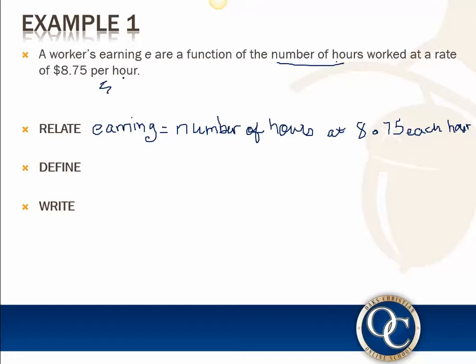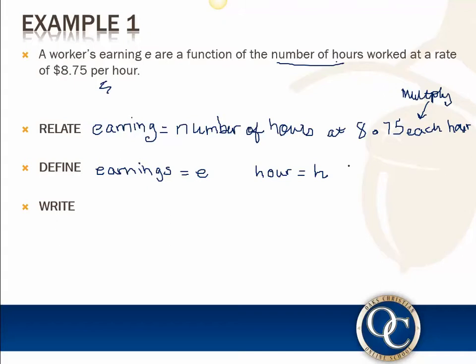Well, let's think about those key words. Each, multiply. So I'm going to think multiplication. Now, first off, let's go ahead and define our variables. Our earnings is going to be E. For each hour, that's our other variable, so let's use H. Starts with an H, so might as well just use an H. We know that each means that we're going to multiply.